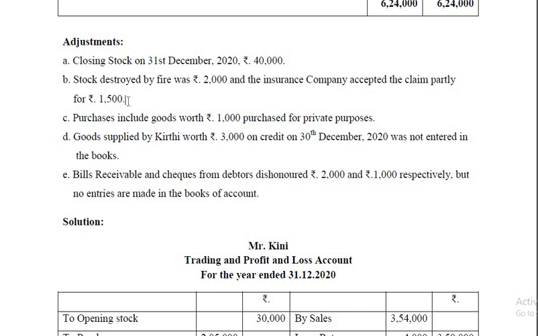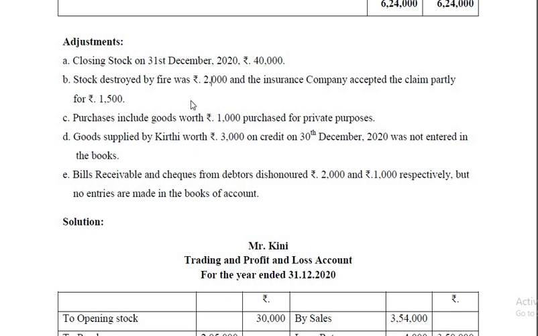So in this case, goods of rupees 2,000 were destroyed. Therefore, it is credited to the trading account, so trading account credited by goods destroyed by fire. Then what is admitted by the company, that is due from the insurance company or insurers, should be debited to the insurer's account.